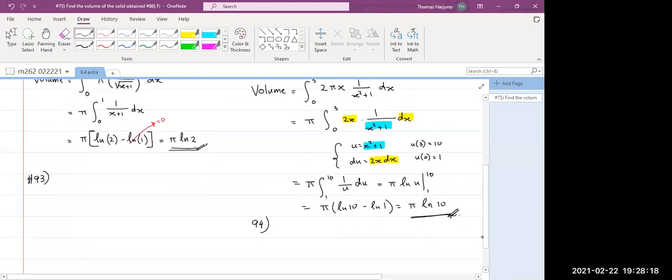Number 93. Use the definition of derivative to prove that the limit as x goes to 0 of natural log of 1 plus x over x is equal to 1.